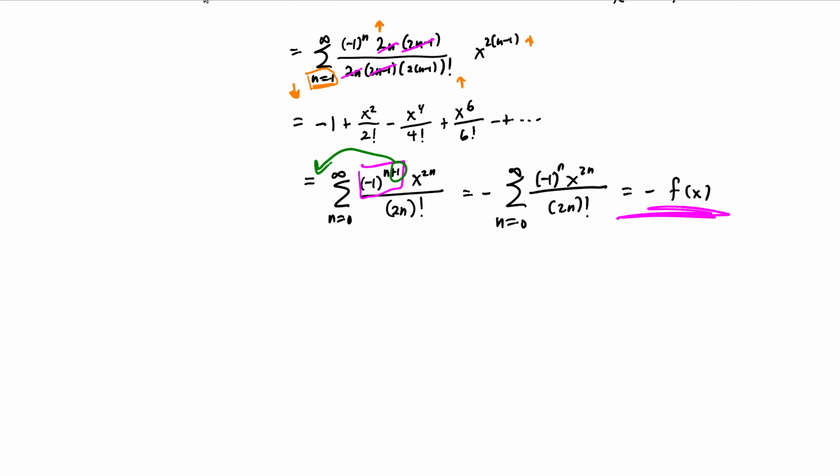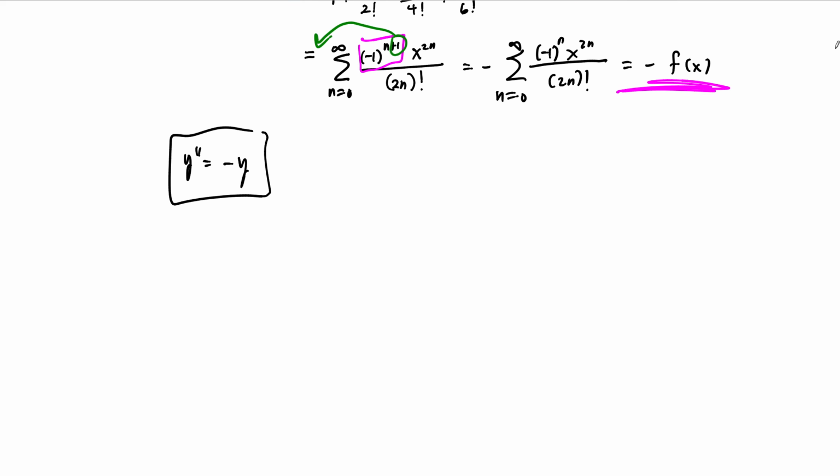And at this point, you start to think about your knowledge of calculus. We've just found a function whose second derivative is equal to its opposite sign, and we have two very famous functions that obey this property: cosine of x and sine of x.